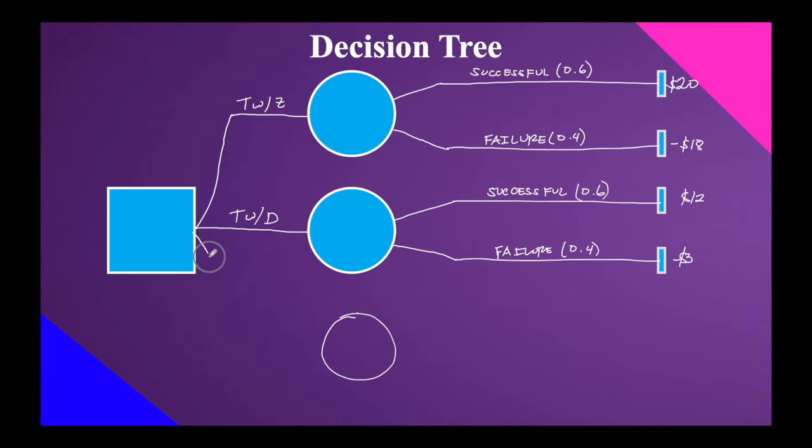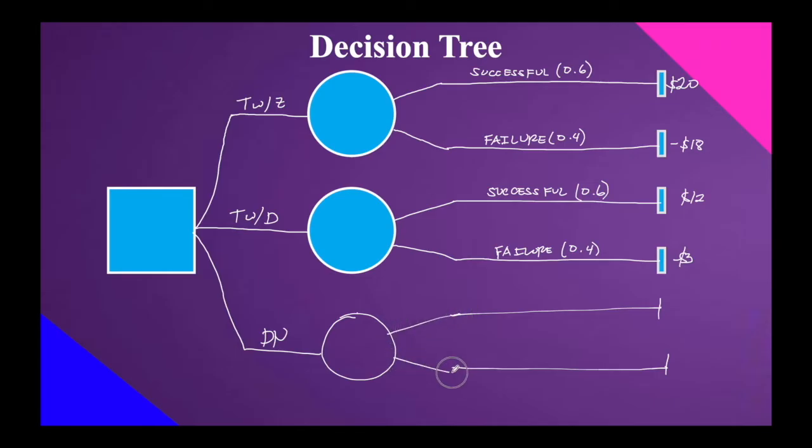Ito siya. Tapos ganon. This is for do nothing. And terminal. Tapos terminal. Ayan. Then successful, 0.6. Failure, 0.4. Then these are both $0.